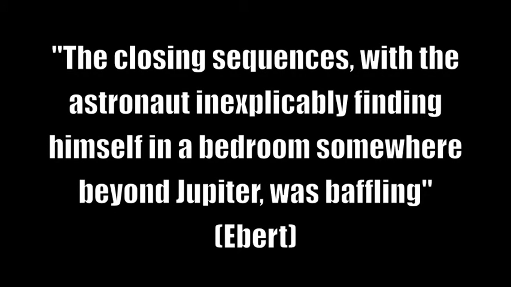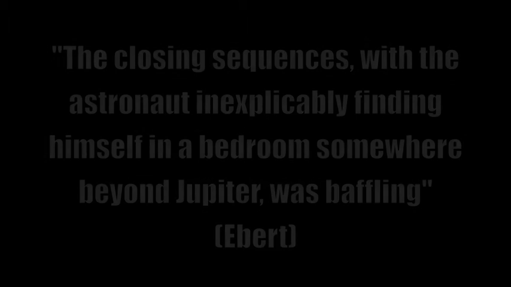The closing sequence, with the astronaut inexplicably finding himself in a bedroom somewhere beyond Jupiter, was baffling. It jumps from him being one age to another, and it is very jarring. I actually had to go back and watch the scene multiple times to understand exactly what was going on. Kubrick used discontinuity to help the viewer connect with the erratic experiences the protagonist was experiencing at the time.